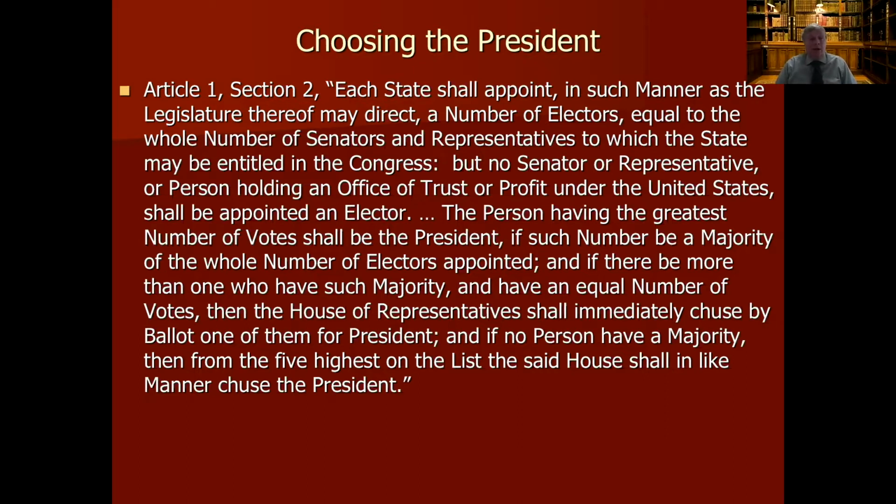This created problems in the 1800 election when Thomas Jefferson and Aaron Burr had an equal number of electoral votes, being representatives of the same political party. And it became a real problem in 1824 when John Quincy Adams became president over Andrew Jackson. Andrew Jackson had won the popular vote, but he did not have a majority of the popular vote. He only had a plurality of the popular vote.